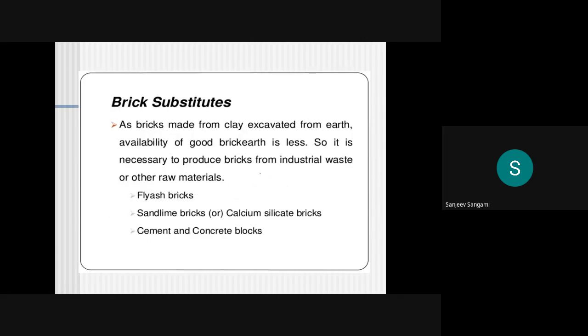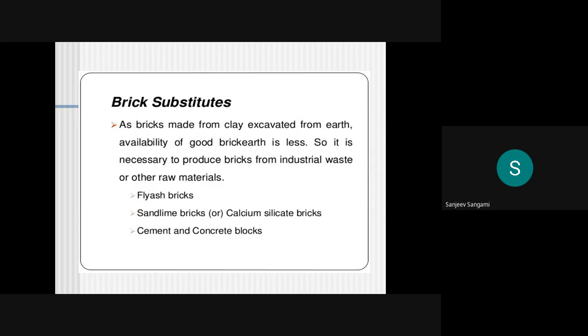Then brick substitutes. Bricks are made from clay excavated from the earth, so the availability of good brick earth is less. So it is necessary to produce bricks from industrial waste and other raw materials.